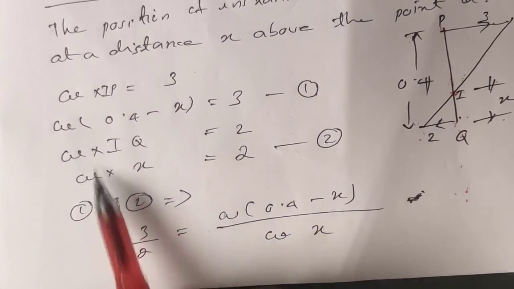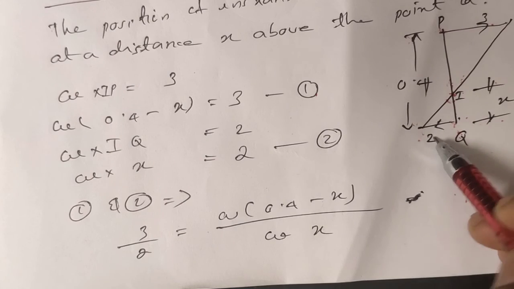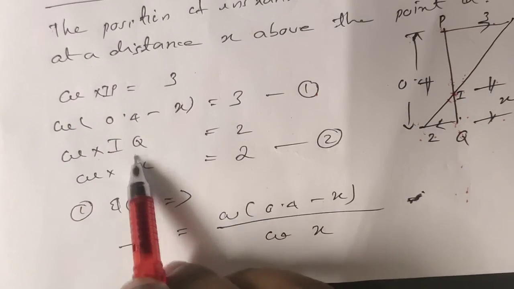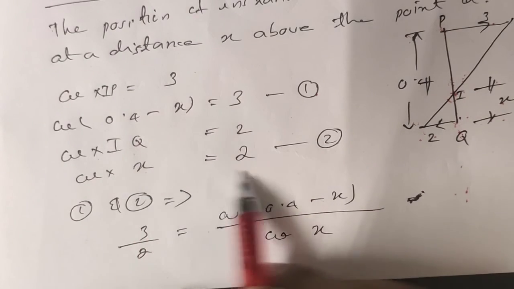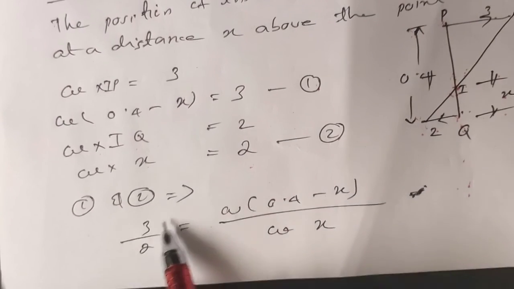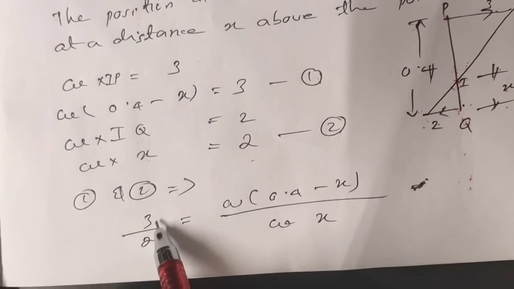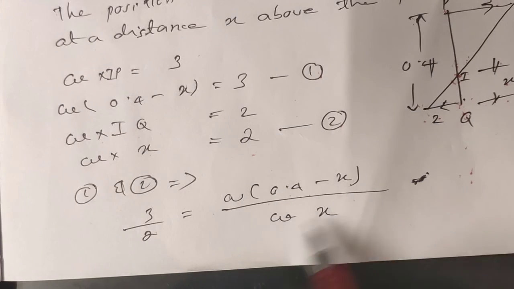Then for this side, omega into IQ is equal to 2. We are considering IQ as x. So omega into x is equal to 2. Dividing equation 1 by 2 from case 2, we get 3 by 2 equals omega into (0.4 minus x) divided by omega x.